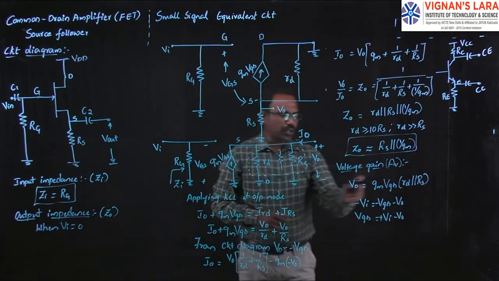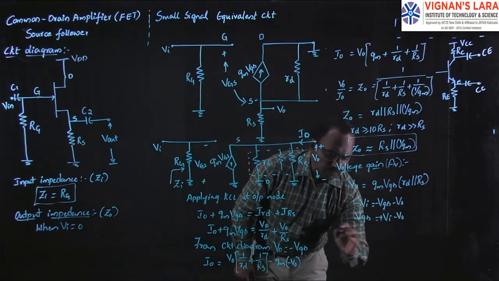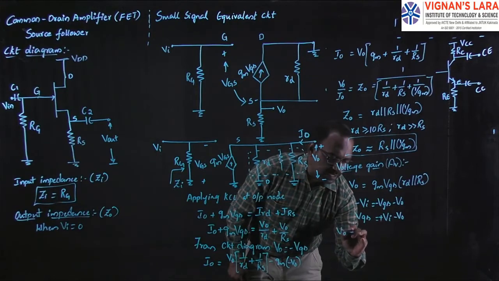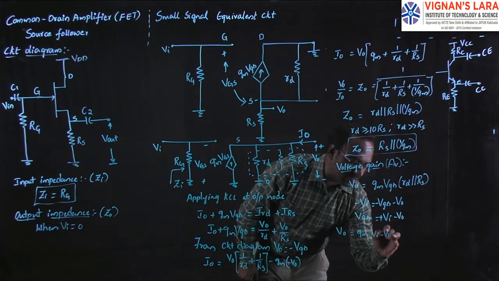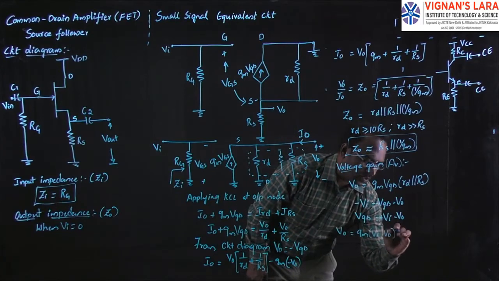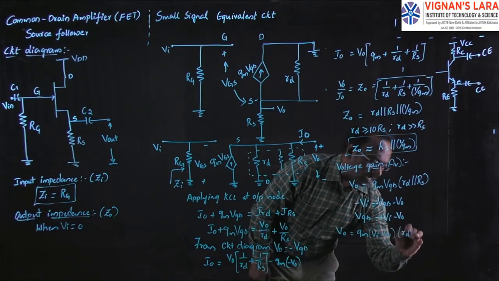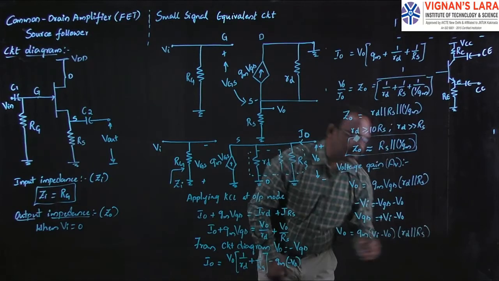So substitute in this equation: V naught is equal to gm into (Vi minus V naught) into Rd parallel with Rs.